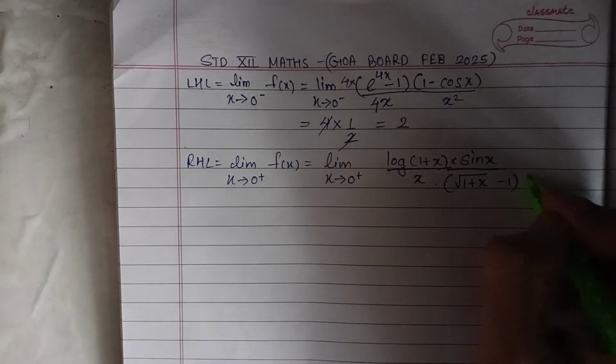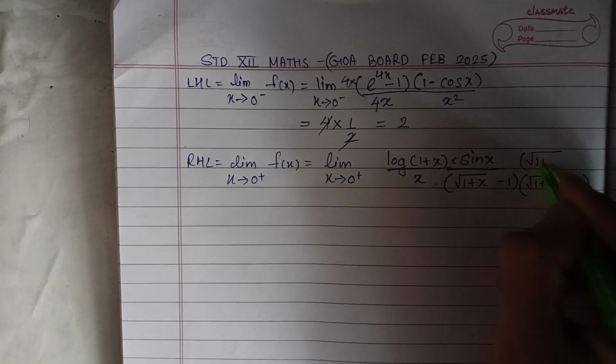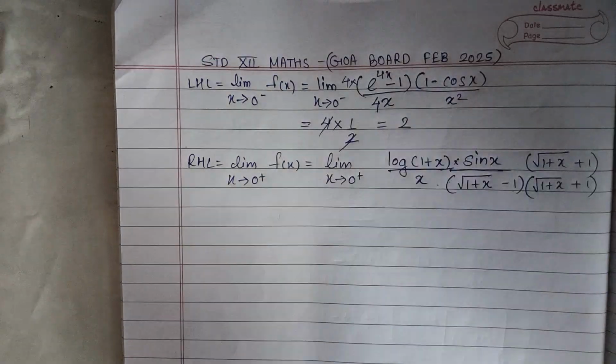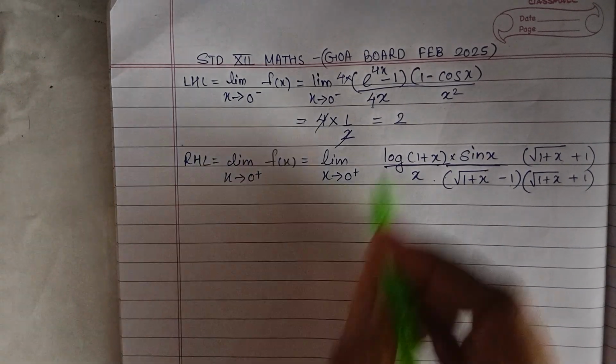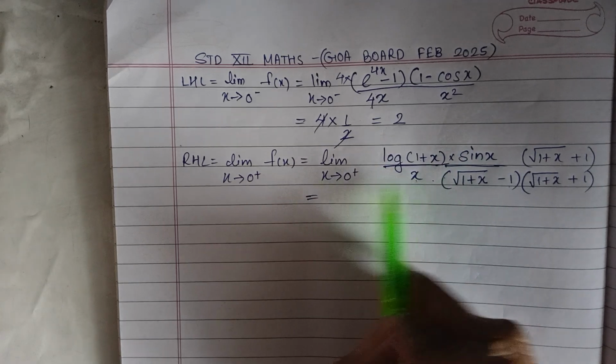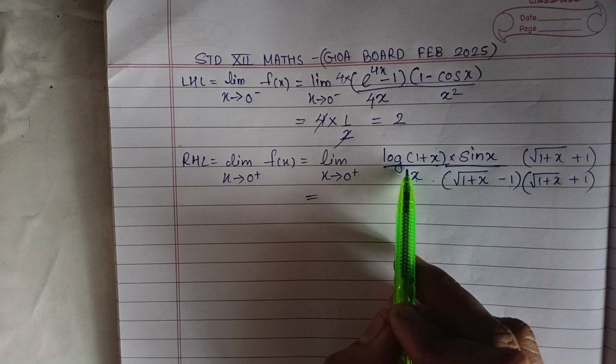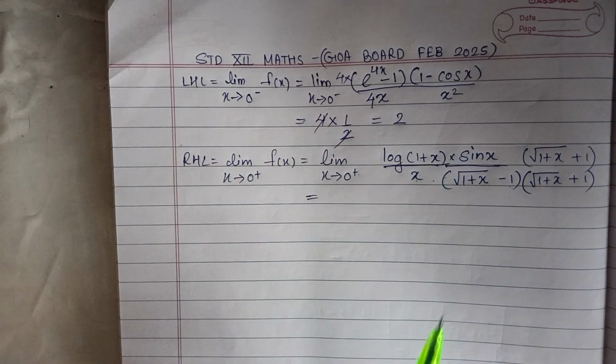I'll rationalize this, so I'll multiply and divide by this term. So log 1 plus x upon x as x tends to 0 becomes log e, which is 1.